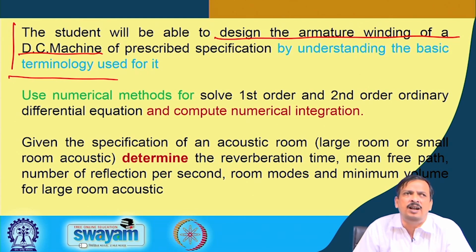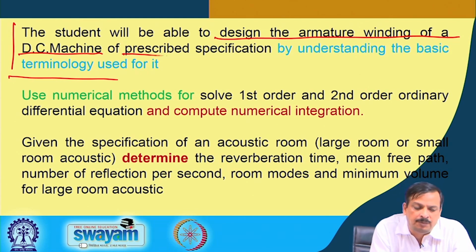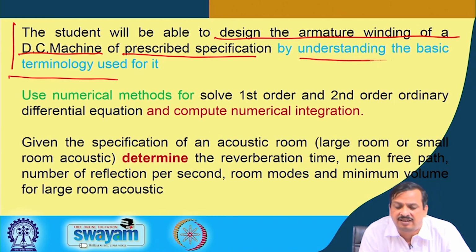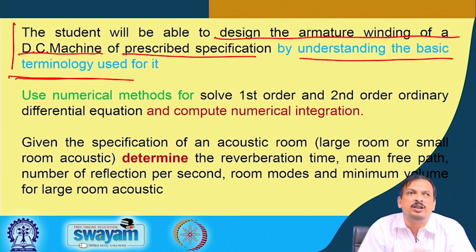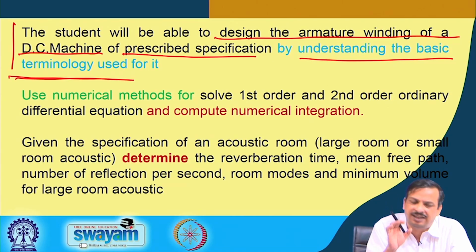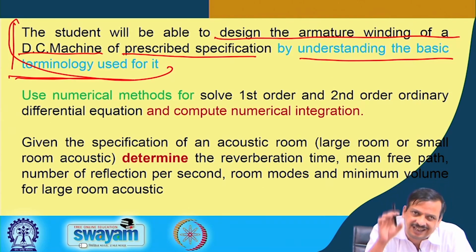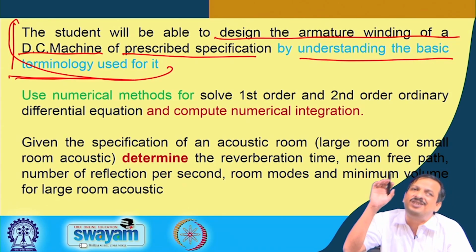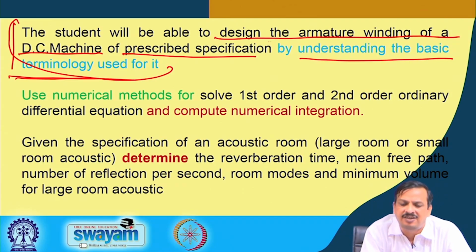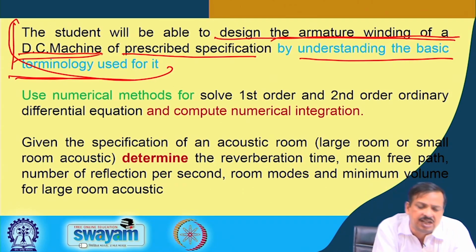What is the condition component? The prescribed specification will be given, and the basic terminology is used. So, for a given specification, I can say. If I rewrite this outcome, the condition component is that the specification is given, and the student has to design the armature winding of a DC machine.